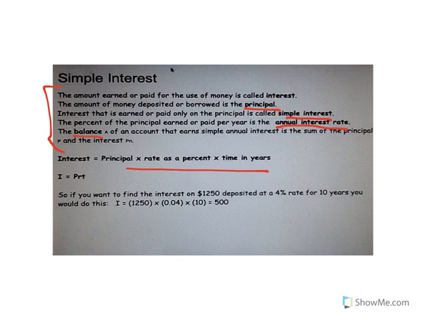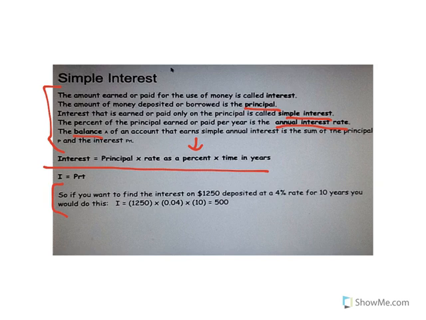And the formula works out to being interest is equal to principal times rate as a percent, and then that times time in years. Actually, we should go ahead and change this. Change the rate into a decimal, and that's probably easier. So interest is equal to principal times rate times time.